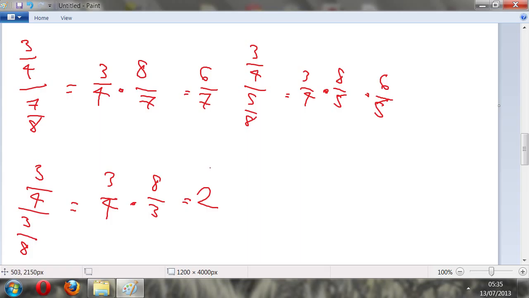So a better way to write it, which is more akin to this, 6/3, I guess. Yeah.